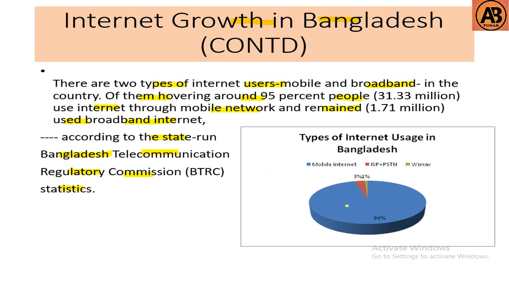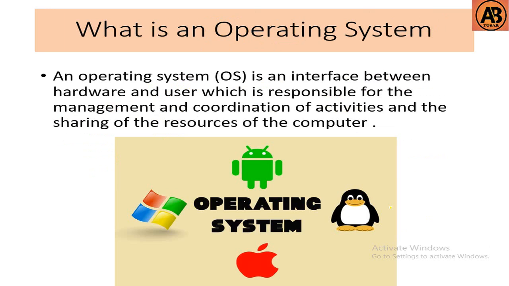Here you can see the blue color indicates mobile internet, red color indicates ISP, and green color indicates WiMAX. That is, mobile internet is the largest at 96%.